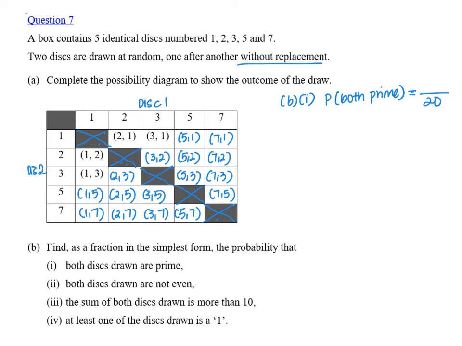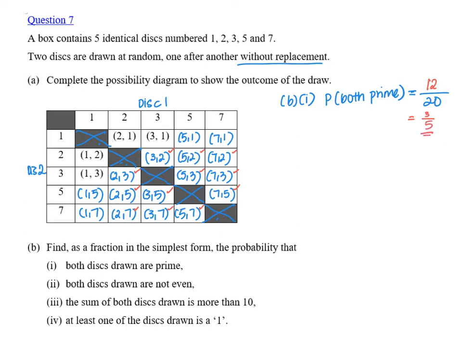So I should look at cases such as 3, 2, 2, 3, 5, 2, 7, 2, 2, 5, 2, 7, 3, 5, and so on and so forth. So there's a total of 1, 2, 3, 4, 5, 6 times 2, 12 different cases. So simplifying this answer, 12 over 20 will be 3 over 5.